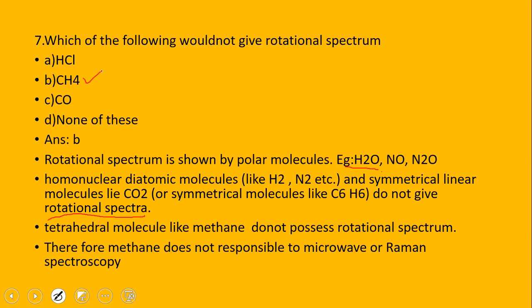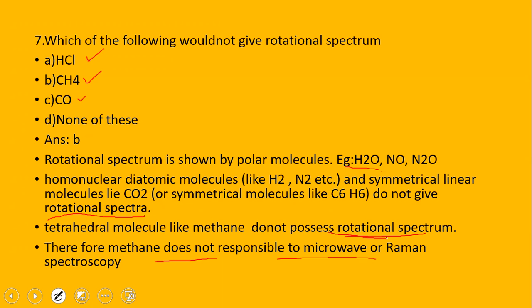Carbon monoxide and HCl possess a rotational spectrum. Now what is the advantage? The molecules which do not give a rotational spectrum do not respond to microwave. This is the basis for studying the rotational spectrum.